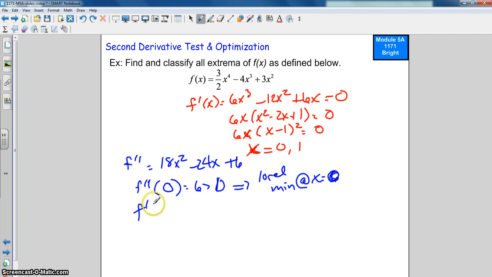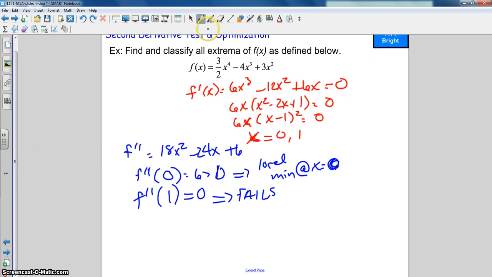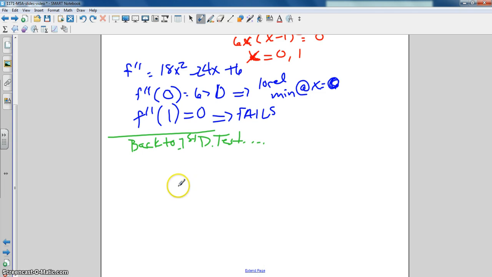And for the second derivative at 1, I get out 0. And so the second derivative test actually fails here. So what I need to do is go back to the first derivative test. I'm going to make a number line, and I've already classified 0, so I'm not even going to bother looking at that, but I'm just going to look at 1.